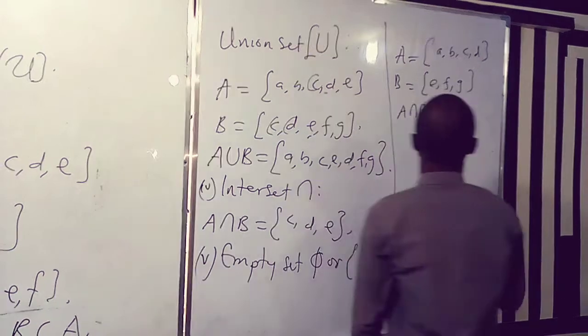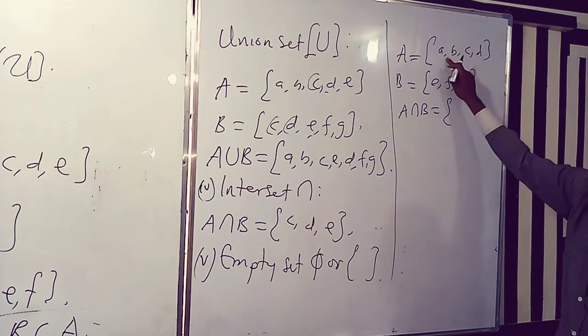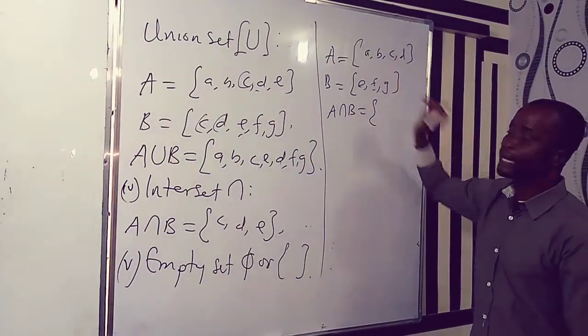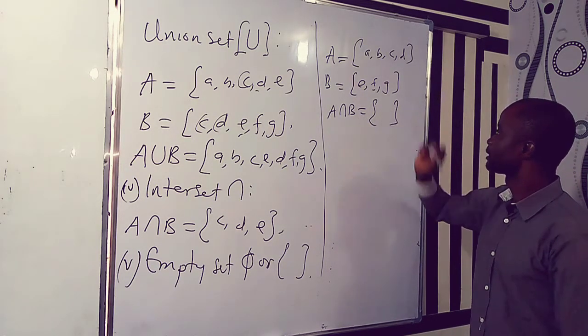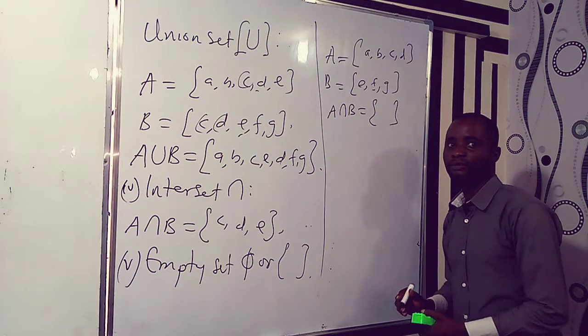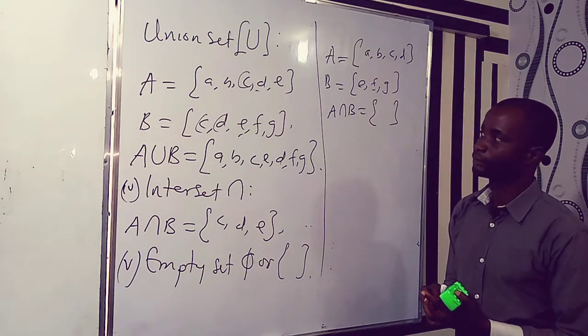What is the common element here? There's no common element here. In this case, A intersect B is the empty set. That is, there's no common element.